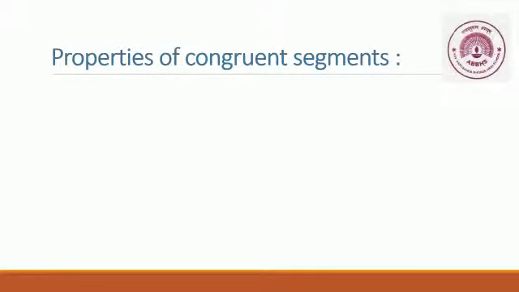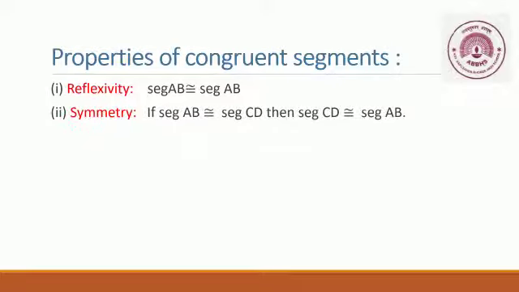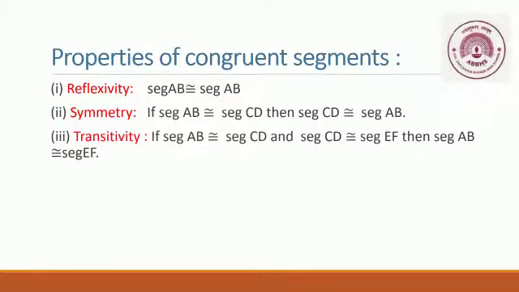Next is properties of congruent segments. There are 3 properties of congruent segments. They are reflexivity, symmetry, and transitivity. Reflexivity means a line segment is congruent to itself.